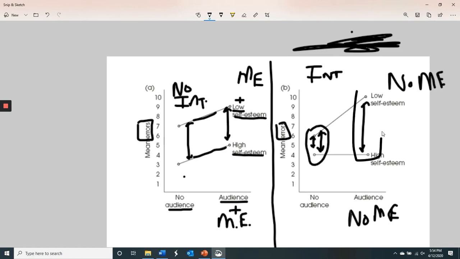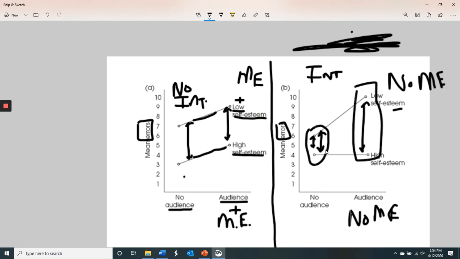However, with an audience present, low self-esteem people made substantially more errors than high self-esteem people. It's a little bit more wordy, and I think you have to think a little bit more about it than interpreting the lines, but you can also say that. You don't need to say both, because each of those things is essentially saying the same thing. It's just taking different perspectives.